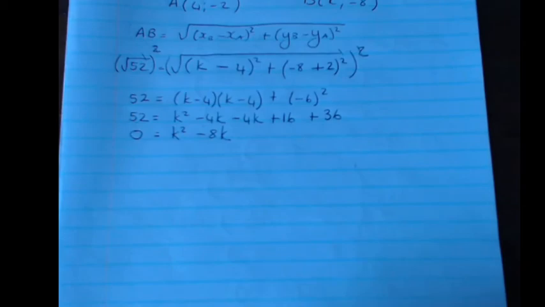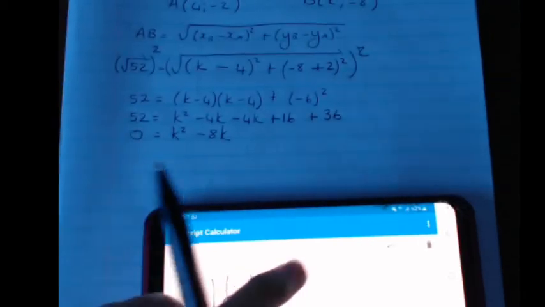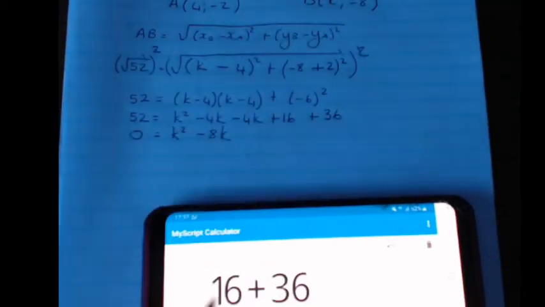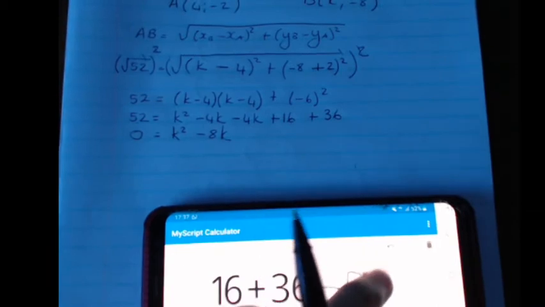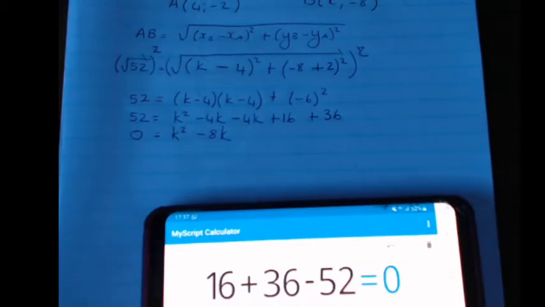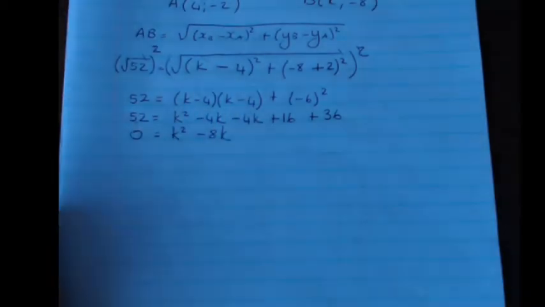Minus 52 becomes 0. Let me double check that with a calculator: 16 plus 36, and when I move the 52 over, minus 52 gives 0. So I don't have a c value there.